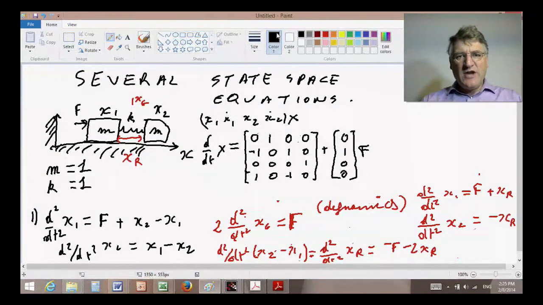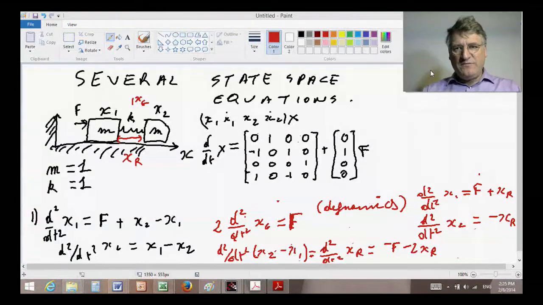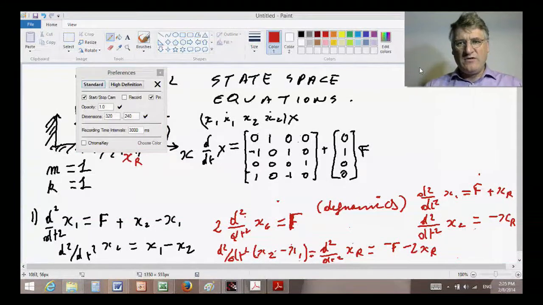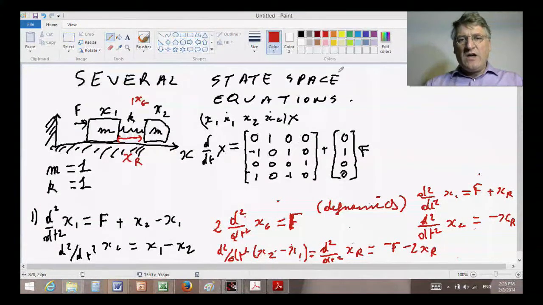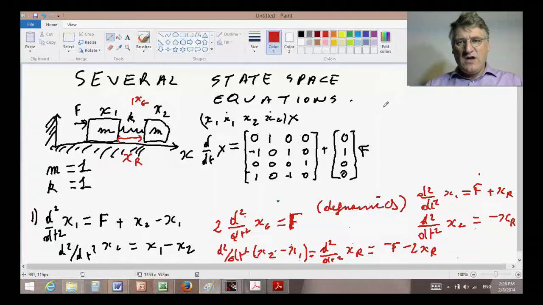We can define another state, and let me move this picture a little bit. The state we're going to call Xi, is equal to xg, xg dot, xr, xr dot.